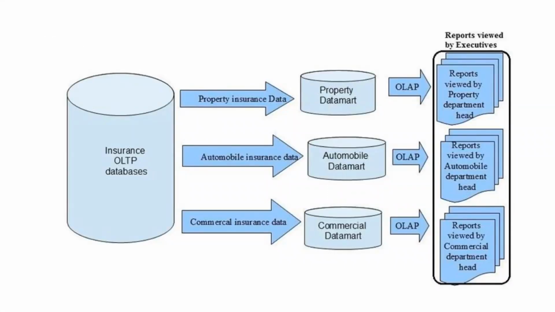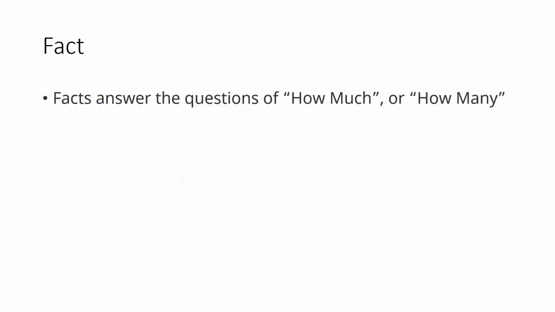Okay. Now in the data mart or in the data warehouse, how are we storing the data? I told you it can be in tables. Always it can be tables. But the tables can be either fact or dimension. Okay. So the fact table, what is fact?